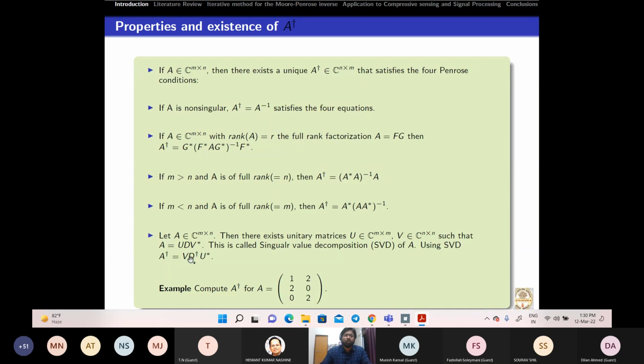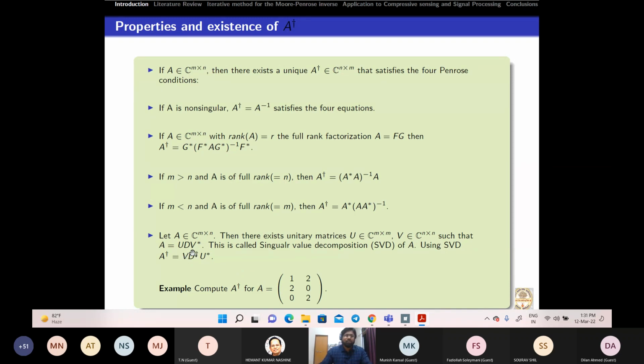It computes the Moore-Penrose inverse of A using the SVD. Here I have taken one simple example, and I want to compute its Moore-Penrose inverse using SVD. This will clear up a little more doubt about how the SVD is applicable to find A dagger. If you use MATLAB, you put in A, and you can get U and V separately.